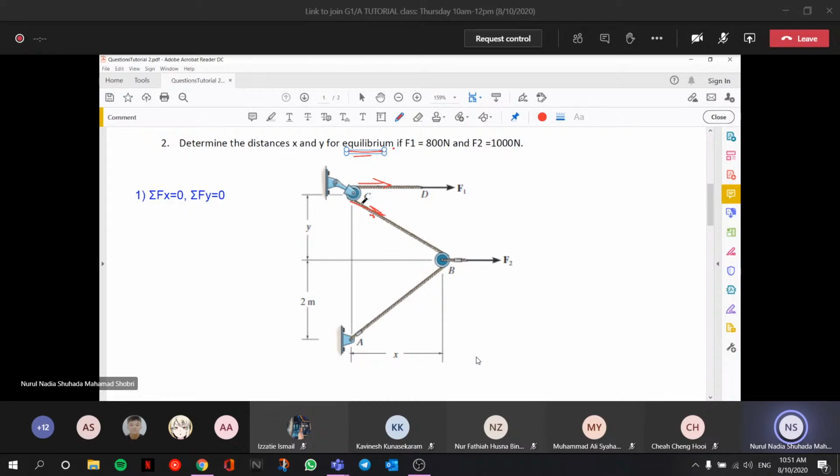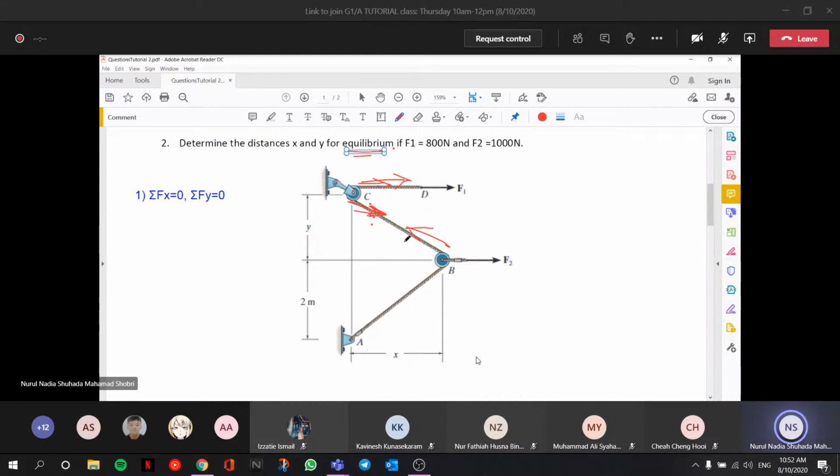So this is F1, and to make this equal to 0, the force should be acting in the opposite direction, which is this one. So for B to be equal to 0, the forces should act opposite to the force here. So it should act like this.